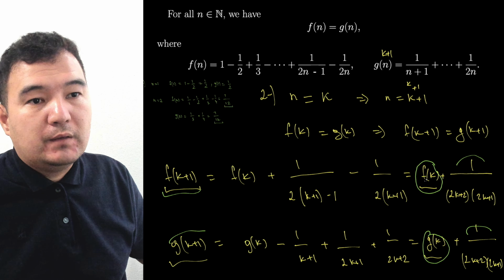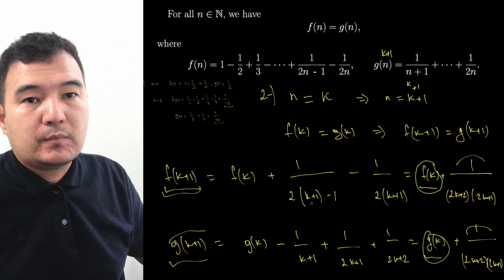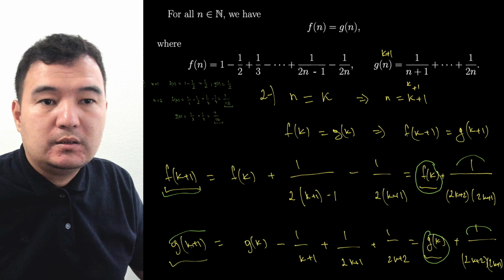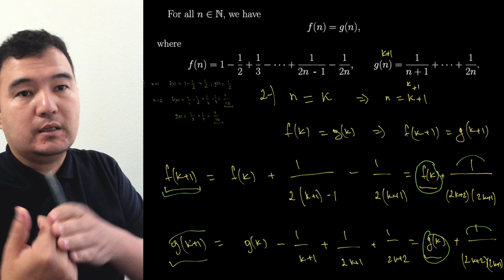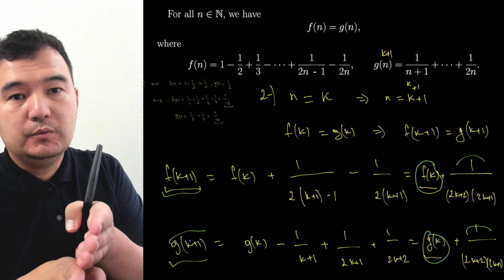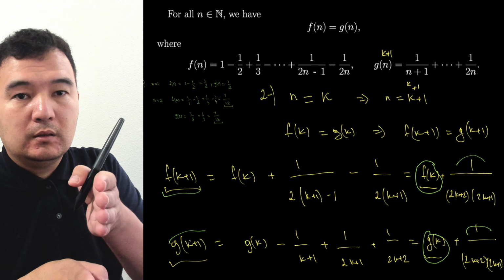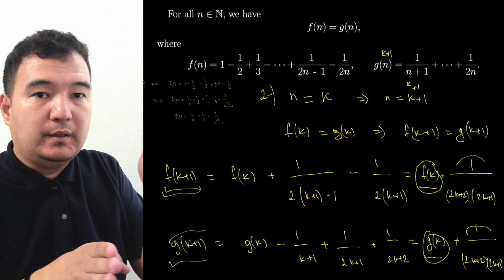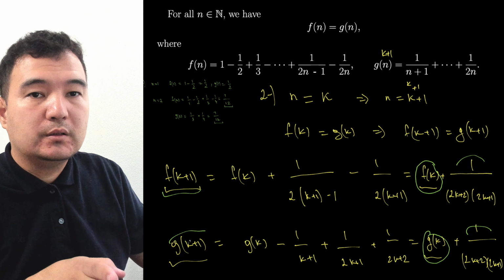So when f of k is equal to g of k, we can claim that f of k plus 1 is equal to g of k plus 1. So by induction, we have the base, it's true for f of 1 and f of 2, and by the step of the induction, every next equality is going to be true.